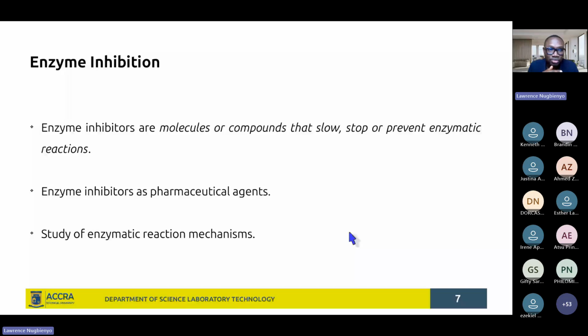If you are able to introduce some enzyme inhibitors into reaction mixtures, obviously, when the reaction is running slow, you have enough time to even go ahead to study at various intervals some intermediaries that are formed in a reaction.